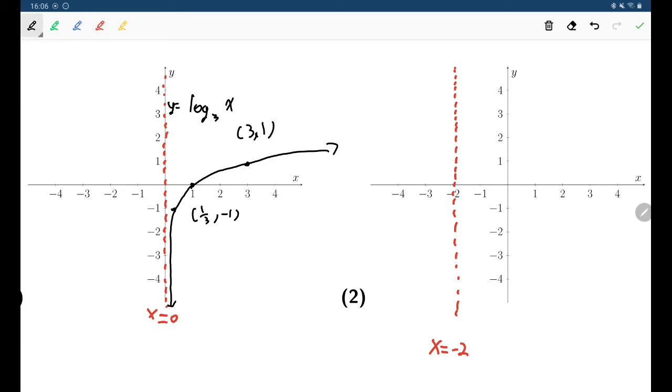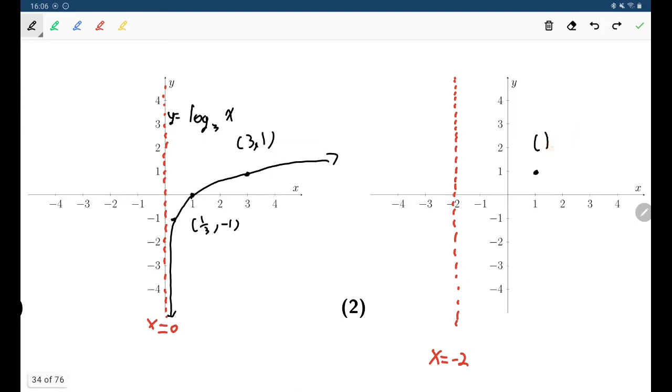And then for all the x coordinates for the points, we're going to subtract 2 from all of them. So the point 3, 1 is now at the point 1, 1. The point 1, 0, if we've shifted it 2 to the left, is now at the point negative 1, 0.